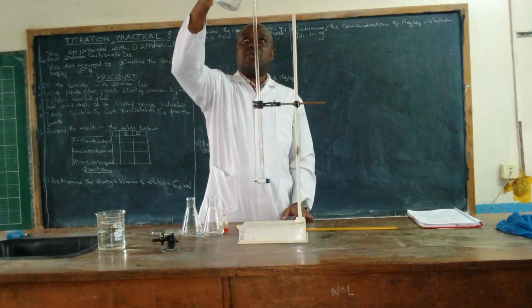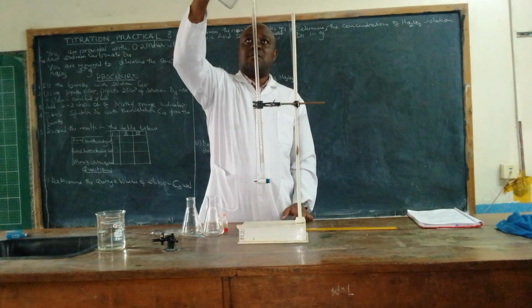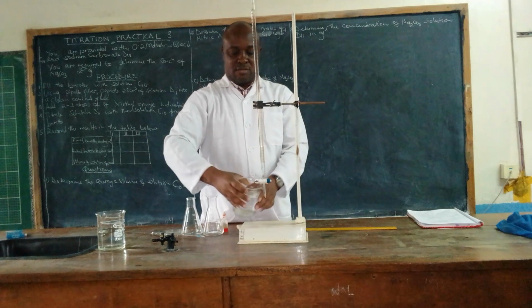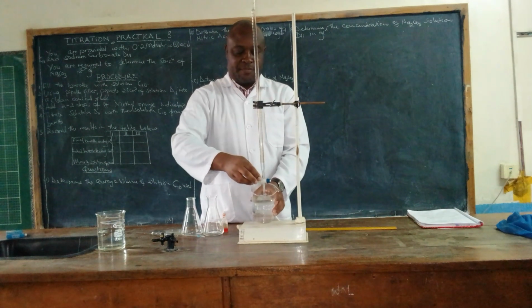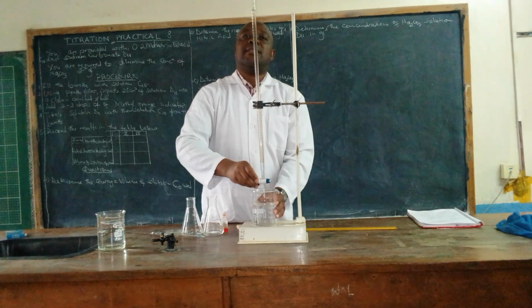So we are filling C10, which is dilute nitric acid. After we have done that, we make sure we start at the 0 mark.